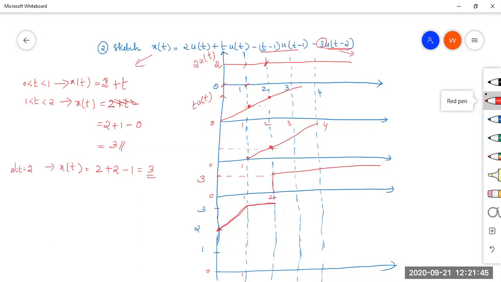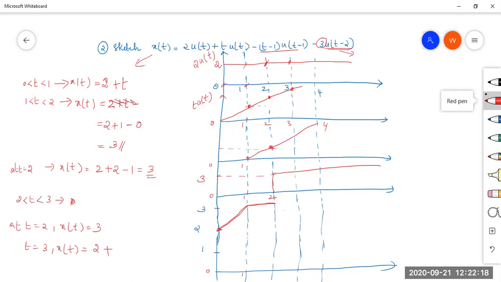Yes. Now we'll see what is happening at 2 less than t less than 3. So we know at 2, x of t is equal to 3. Now we'll see at t equal to 3, what is the magnitude of x of t? At t equal to 3, the magnitude will be 2 plus, at 3 your magnitude is 2. Here what is the magnitude?